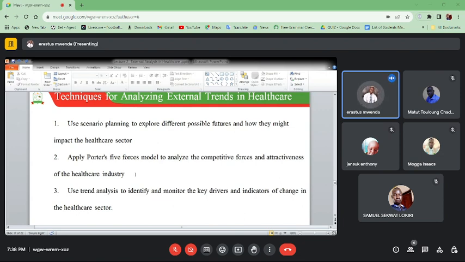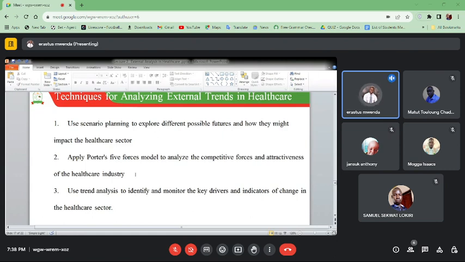Then we can use that information to plan ahead, in case a particular scenario that we were looking at happens, for example, the scenario of COVID-19. Every country in the world now knows there could be a pandemic that could almost stall all our activities. So they need to plan ahead and always be ready for such eventualities.